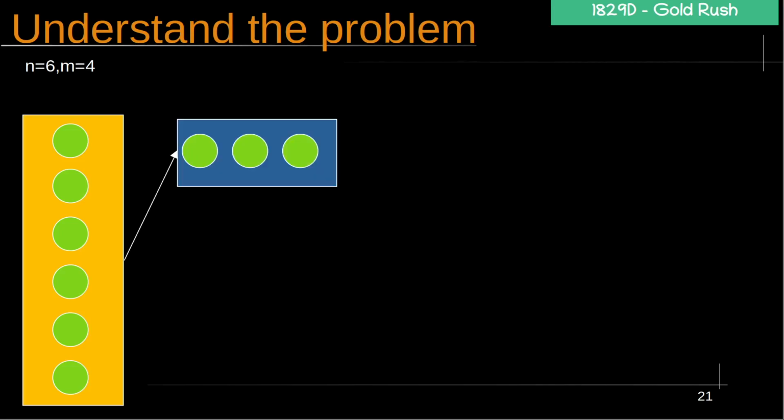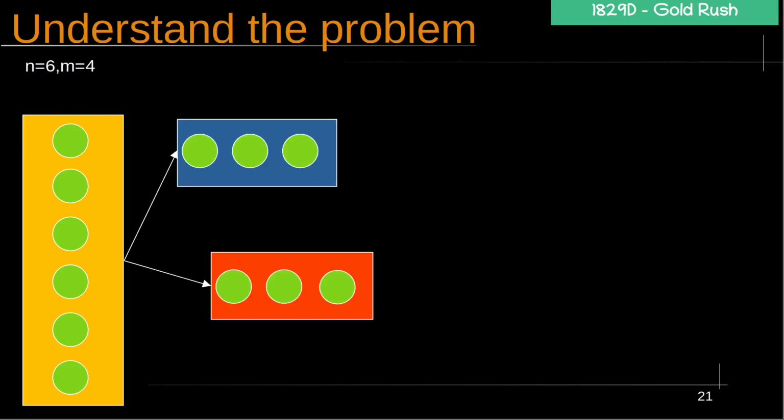We can split this pile into 3, 3, but this is not a valid operation because 3 is different from 2 times 3. 3 is the size of this pile, for example, and the other 3 is the size of this pile. So this operation is wrong.